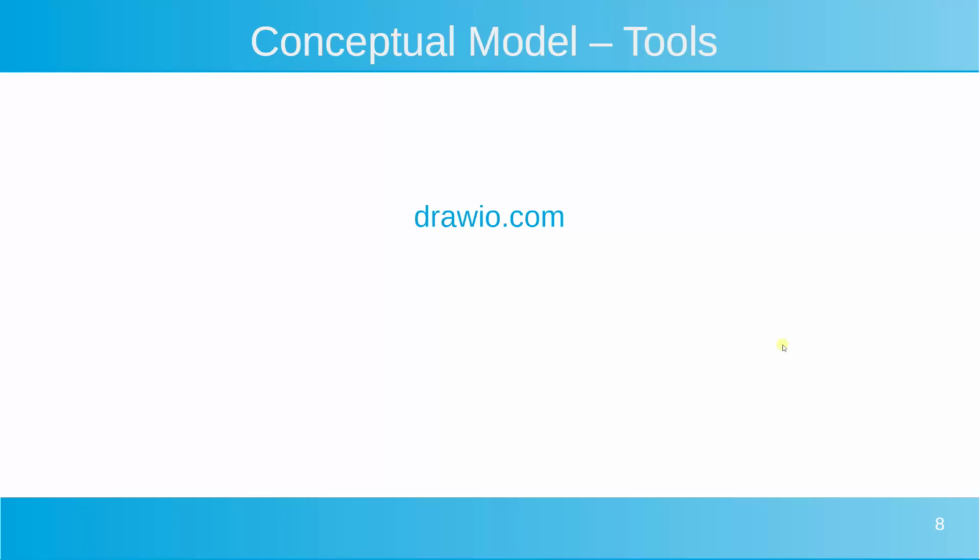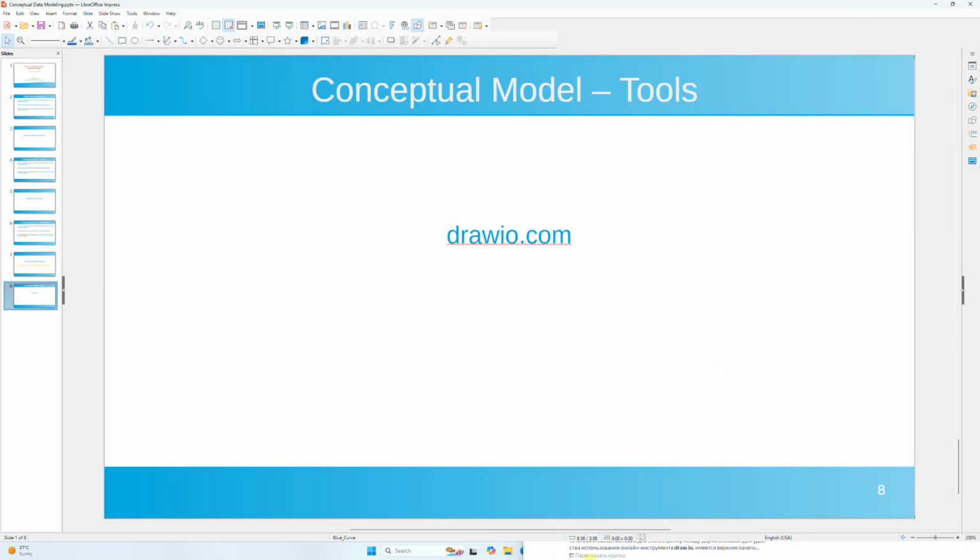One of those tools is draw.io, an open source tool that provides an easy way to create the conceptual data model. Let's see how we could create this conceptual data model.